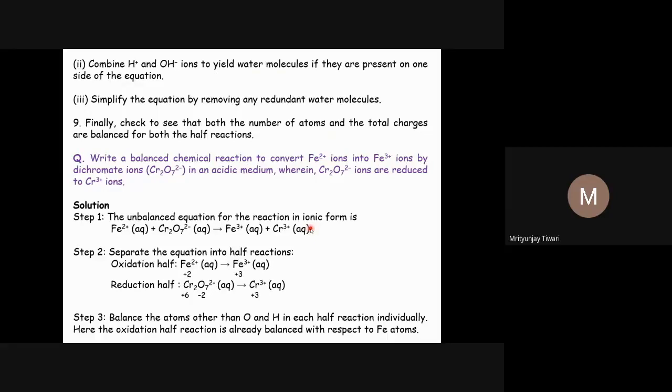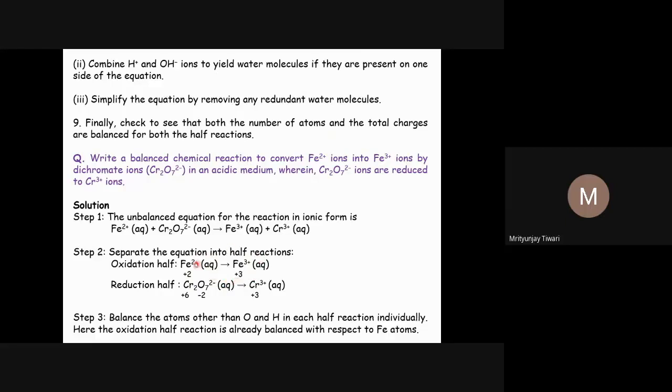In the next step, we separate the equation into half reactions. It is not difficult even if you do not know which species is getting oxidized or reduced in these simple equations. You may get confused if the same species is getting oxidized or reduced, as in disproportionation reactions, but there are very few such examples. Usually, iron Fe2+ is getting converted to Fe3+, which involves some transfer of electrons.